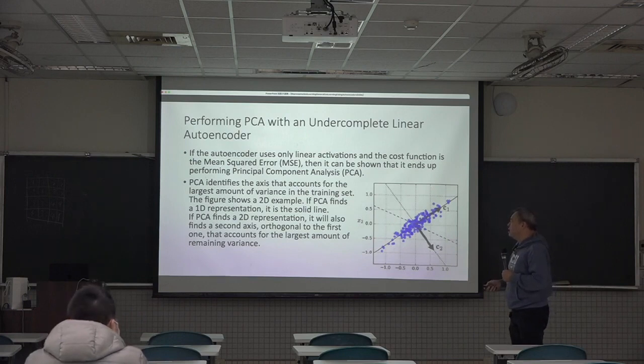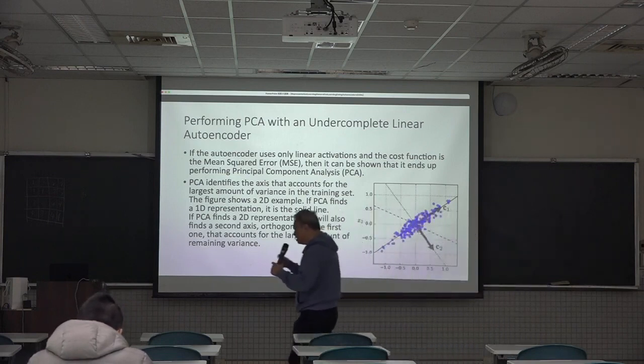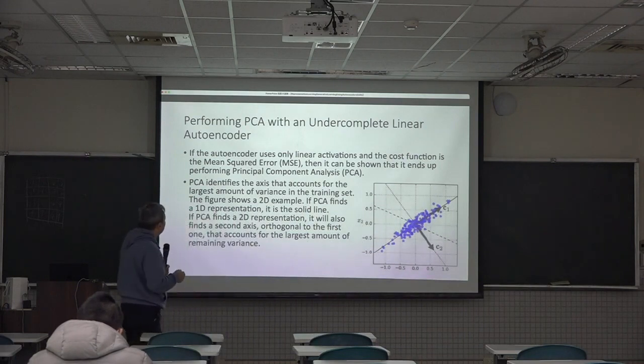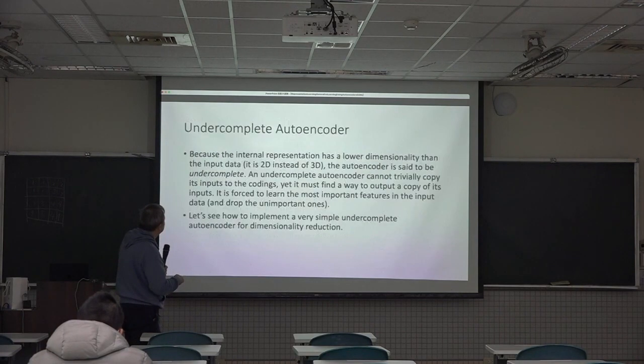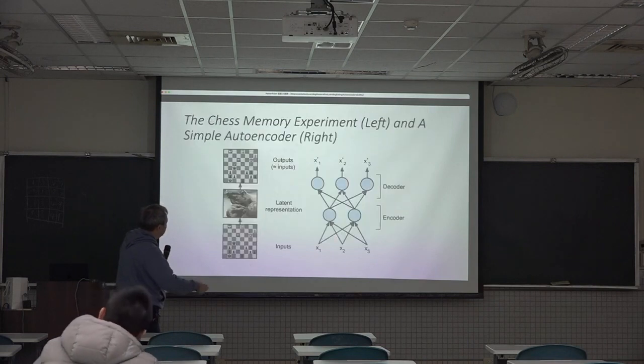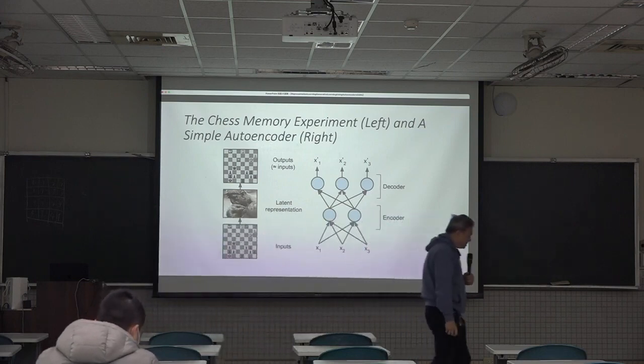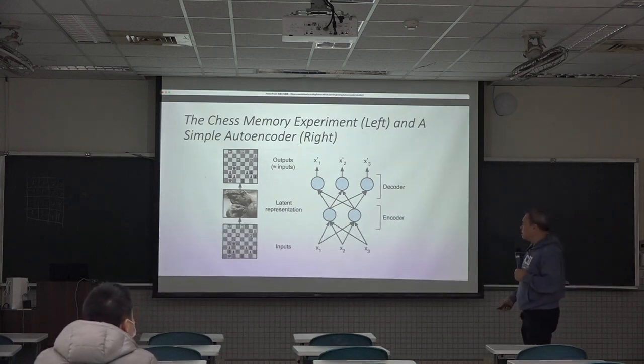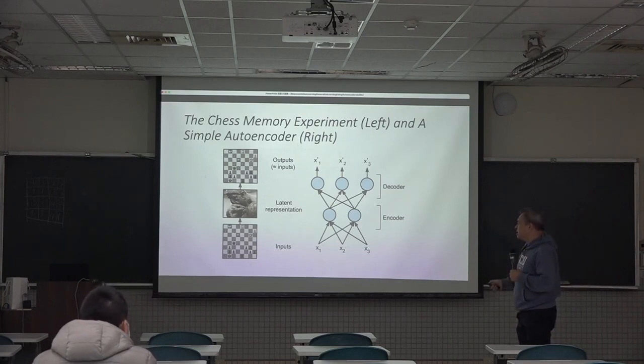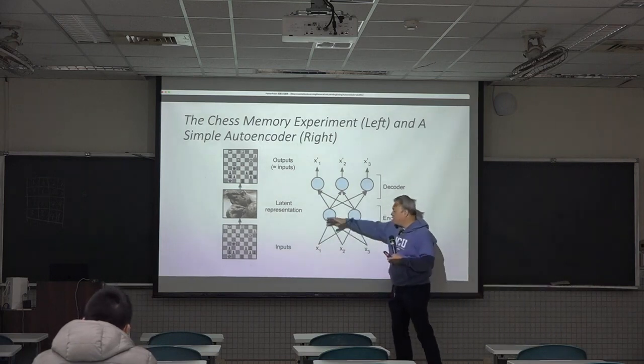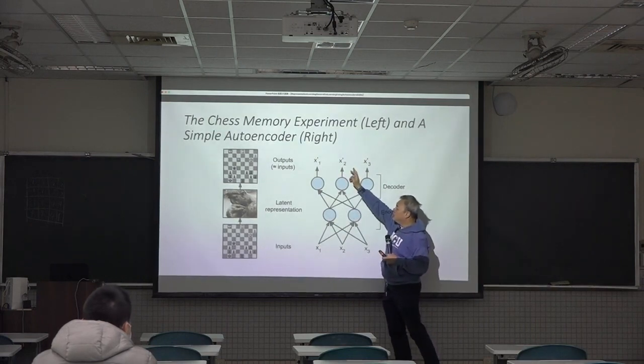And if your autoencoder's input dimension is higher than the coding, and you are using the linear activation, it's going to be something like, if the input is 3-dimension and the coding is 2-dimension, and you are using MSE as your cost function, then this autoencoder, after you train it, is going to work as a PCA, in the sense that the input is 3-dimension and the output here, I'm not talking about the real output, I'm talking about the coding.